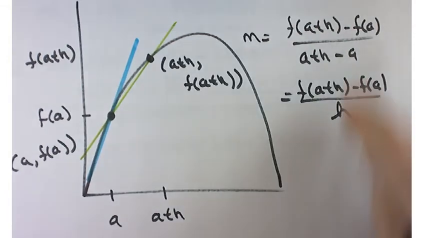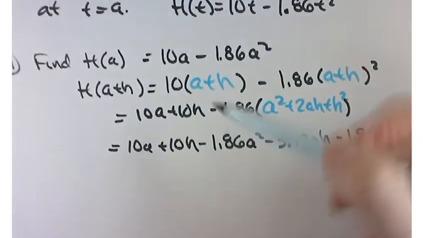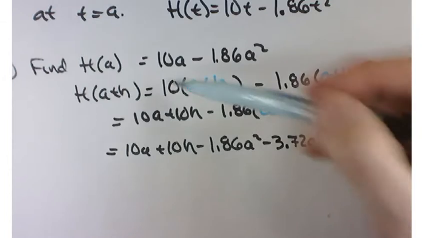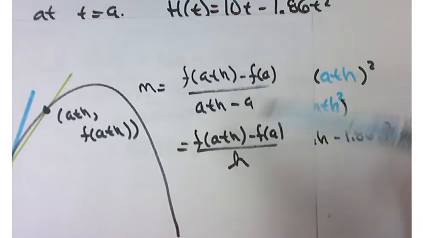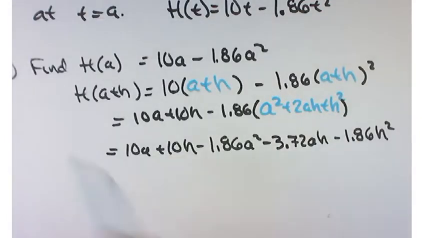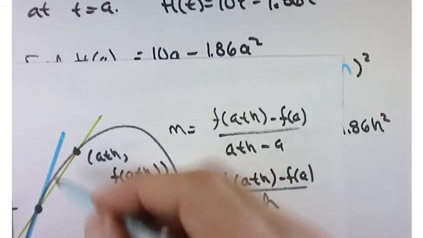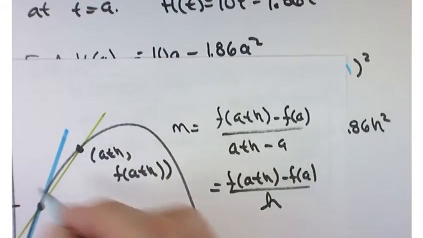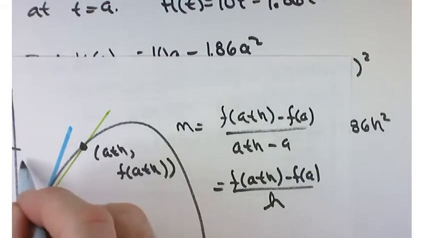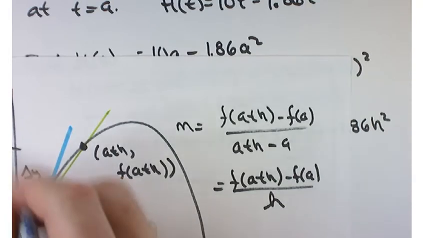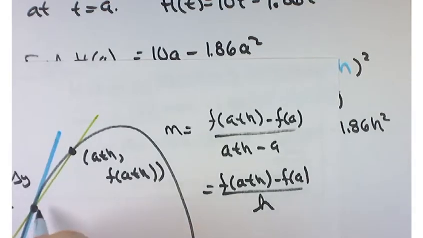So let's turn back to the calculation. All I did was find my f of a and f of a plus h. Now I have to subtract them. The difference between these two, I'm going to call delta y, the change in the height.